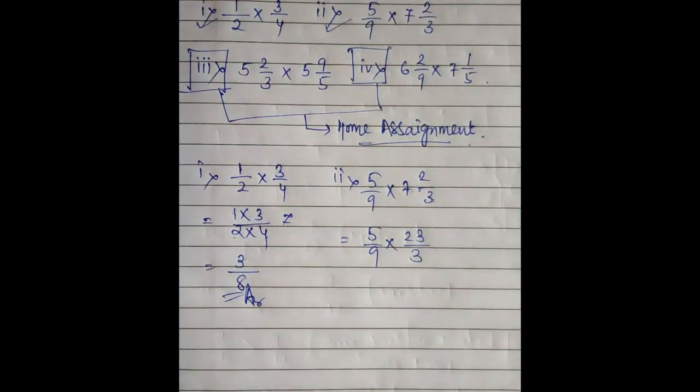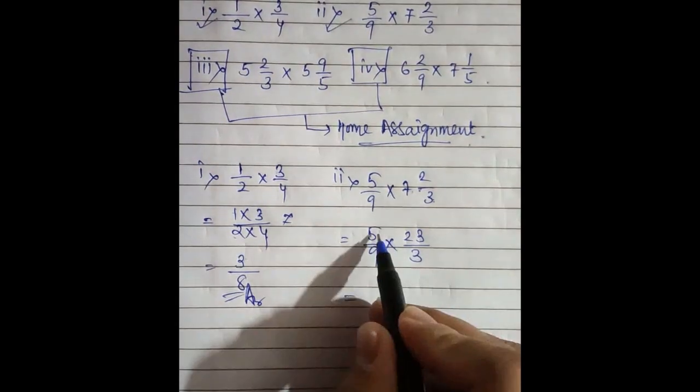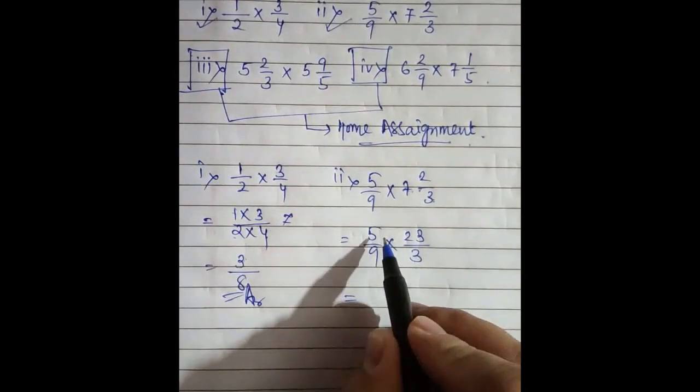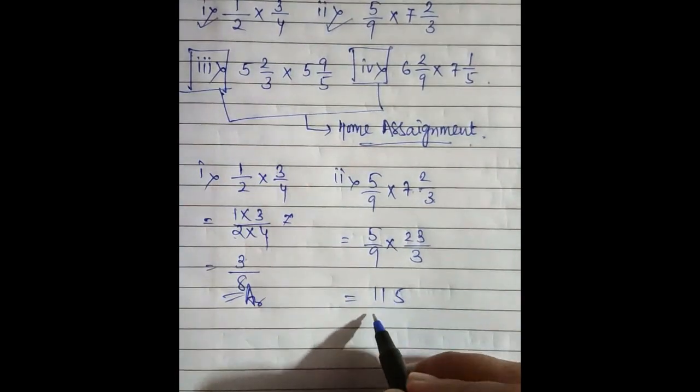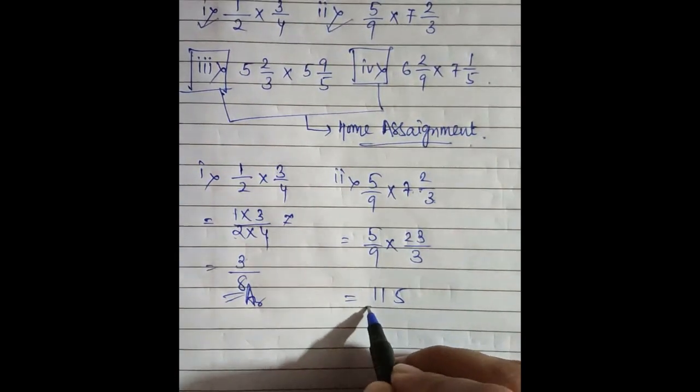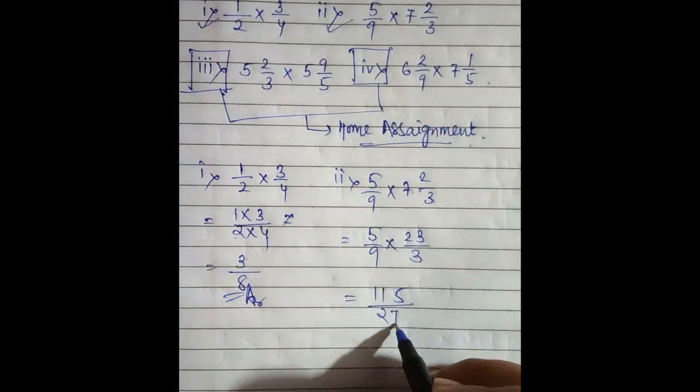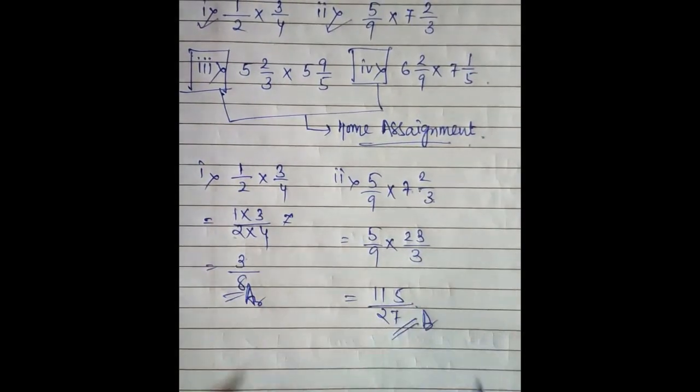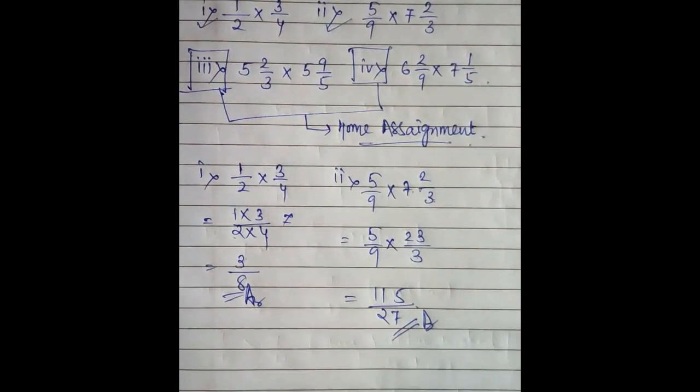Alright, can anything be cancelled? No, so we will directly multiply it. 5 into 23, 5 3s are 15, 5 2s are 10, 11, 115 by 27. Alright, you can write this form or you can convert it into a mixed fraction.